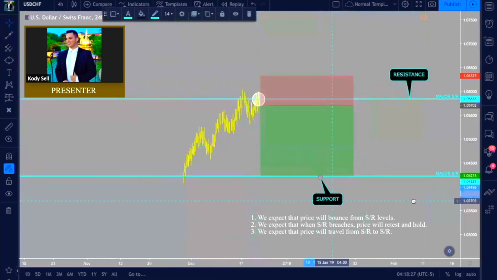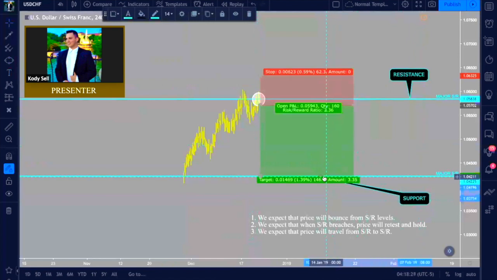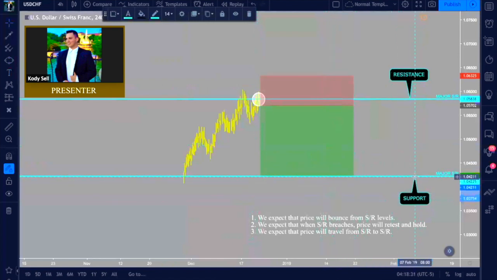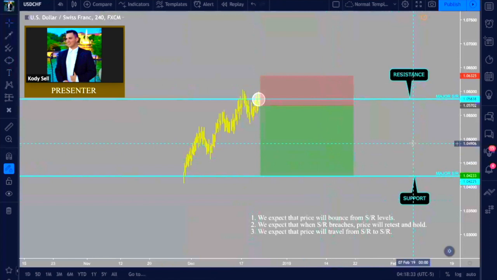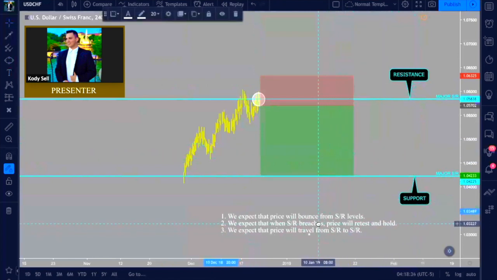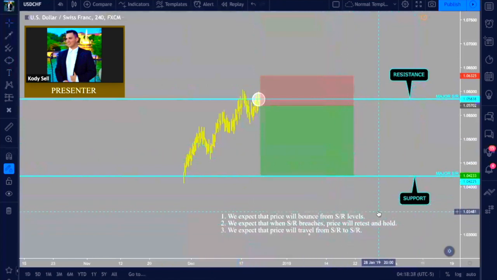And I'm going to move our support out of the way now over here. So this is the general idea, right? We already talked about it earlier down here. We expect that price will bounce from support and resistance levels. We're at a resistance level up here, so we're expecting price will bounce. Where is price going to go when it bounces? We already said that we expect that price will travel from support and resistance to support and resistance.